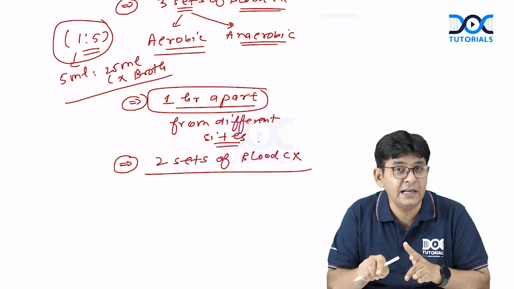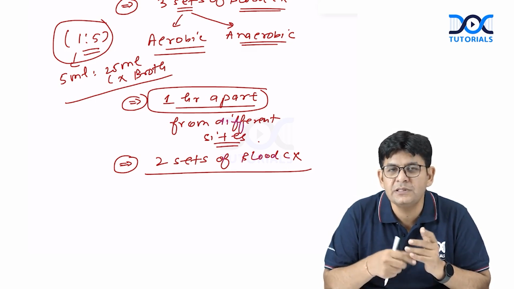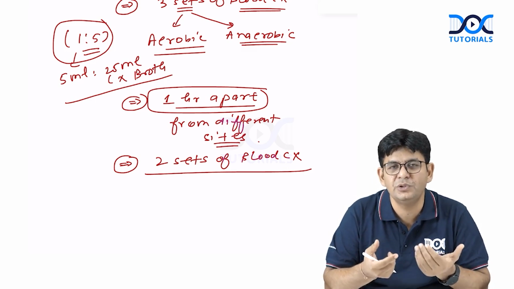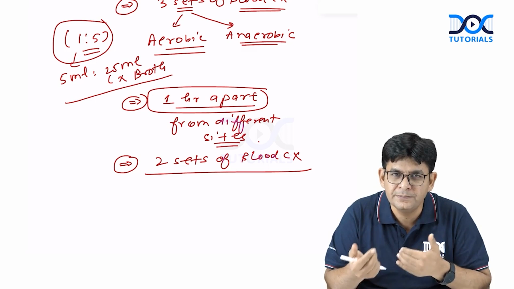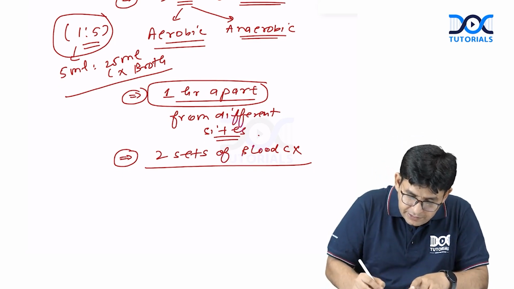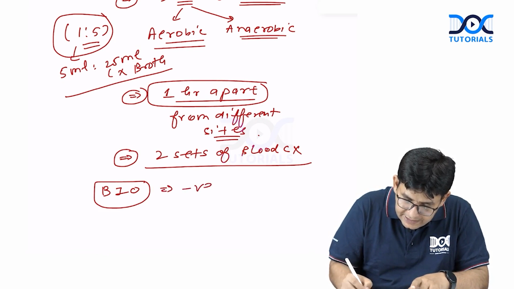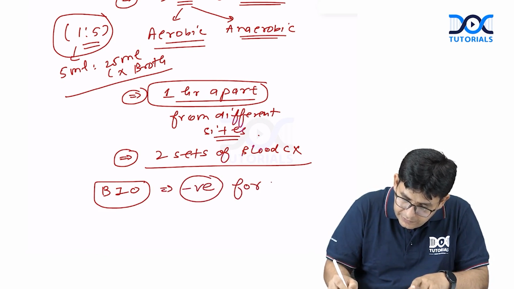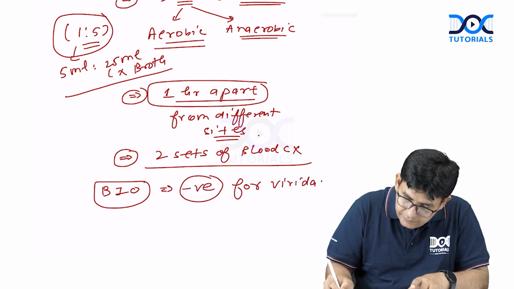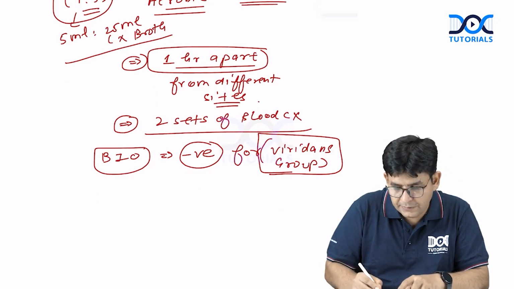And after dental caries, if somebody talks about endocarditis, it is Streptococcus sanguis and mutans. These names you should remember, and in that, more is mutans. Is it fine? And here only I'm telling you a mnemonic: Bio is negative for which particular group? For the Viridans group.